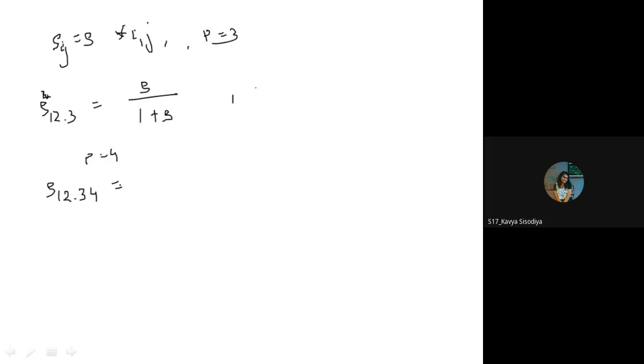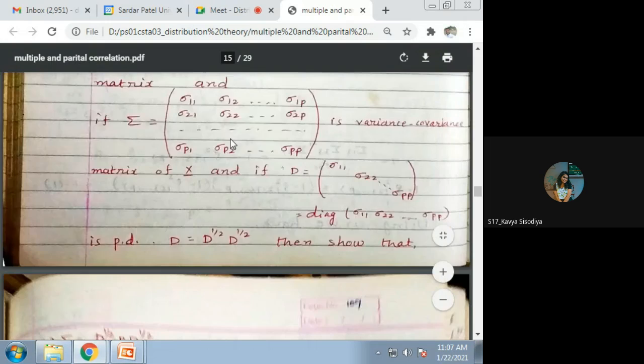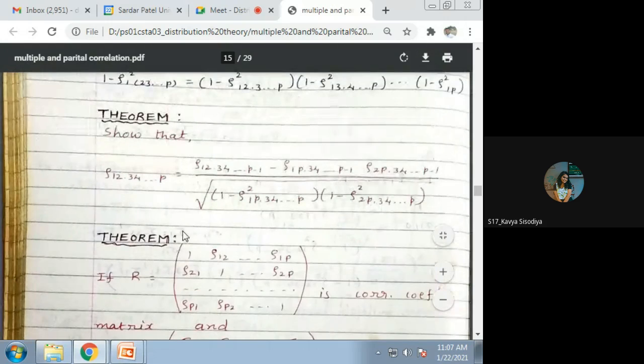So we know this relation. Use this relation: rho 1 2 dot 3 4. Now p is equal to 4. So here it is rho 1 2 dot 3 minus rho 1 3 dot 4 and rho 2... likewise. So what will you get?